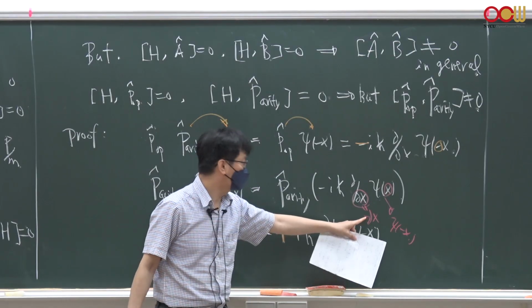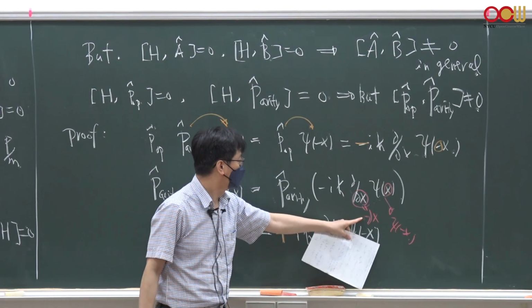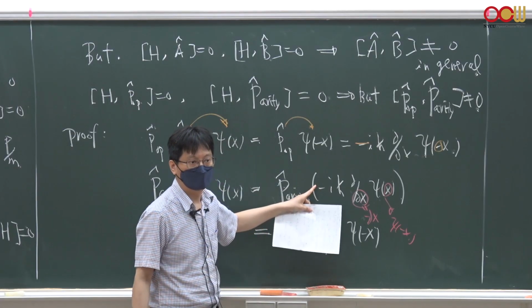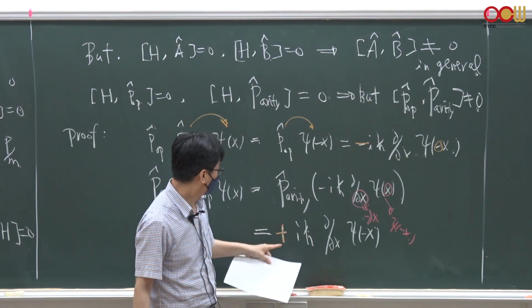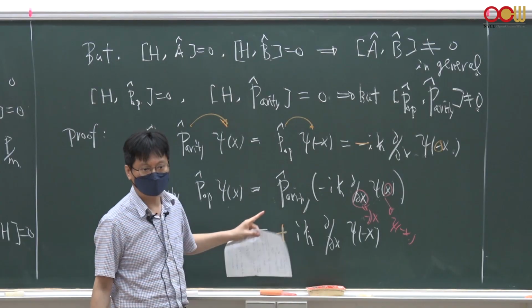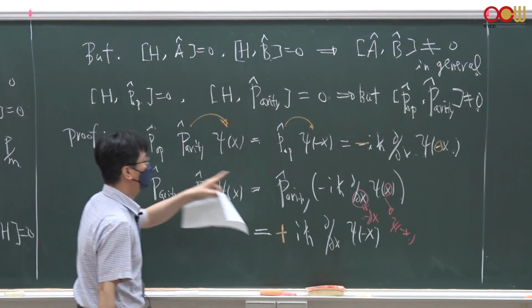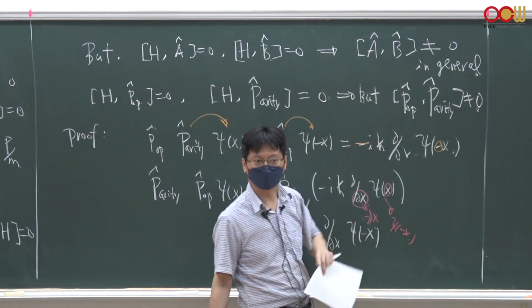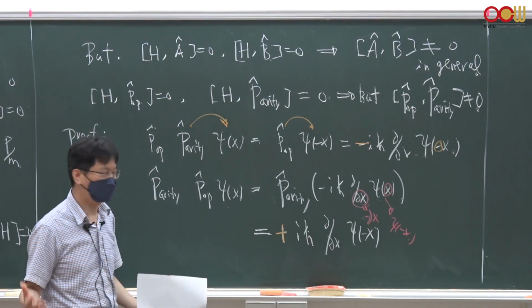And when you have this actual minus sign, this will cancel another prefactor minus, and you get plus i h bar. And by the first operation, you get minus h bar, the same quantity. So of course, they are not the same.